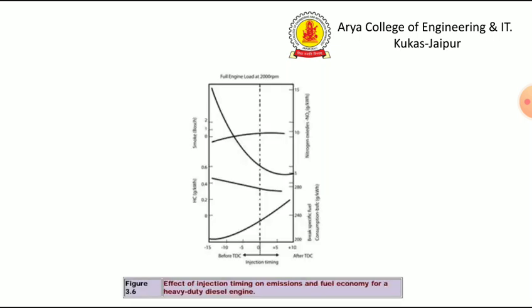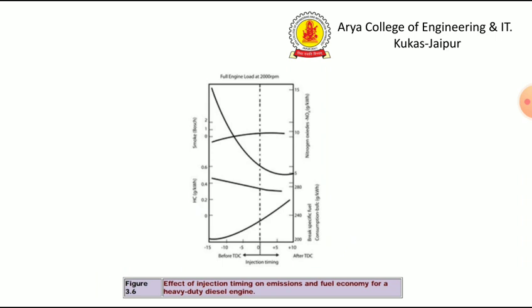This is the diagram showing the effects of injection timing on emissions and fuel economy for a heavy duty diesel engine. As we can see, in the soot formation, with the use of retarded injection timing, we will decrease it.